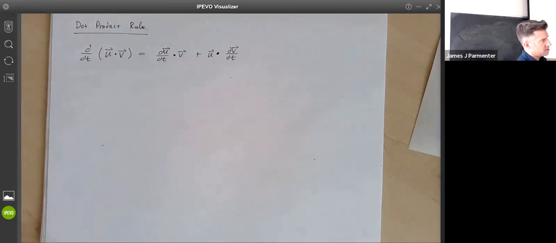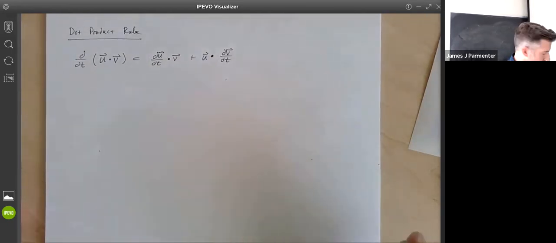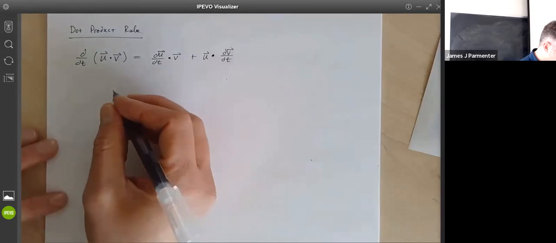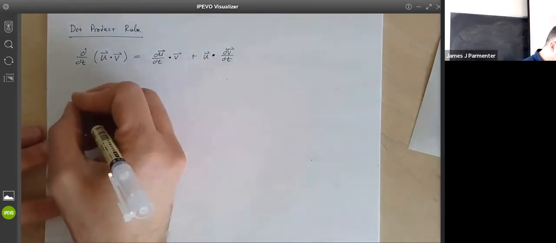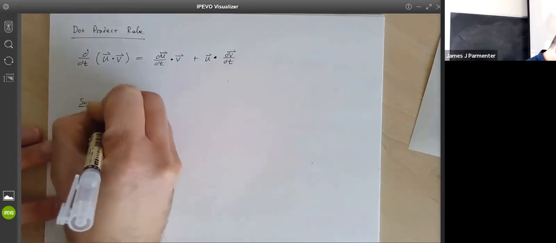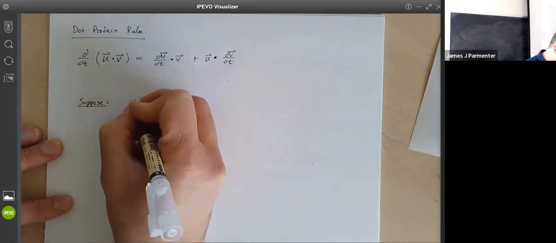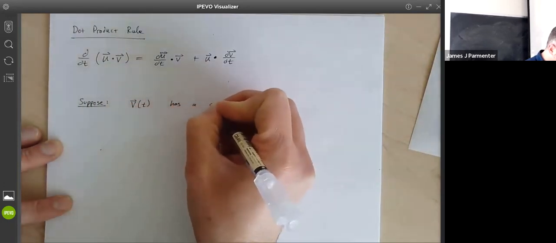These dot product derivatives come up a lot. So later on, when you're doing 21D, think back to this on occasion. So let's say we have some vector. Let's suppose that the vector v has a constant length.